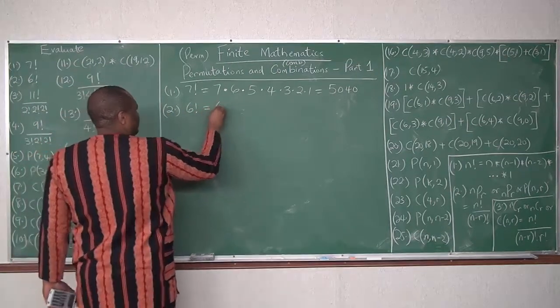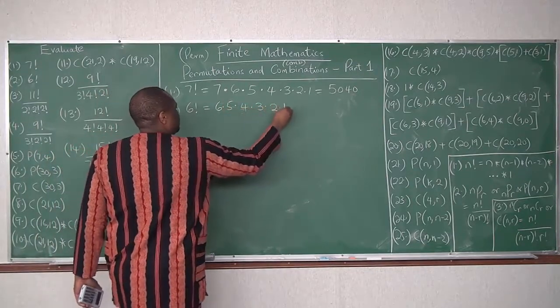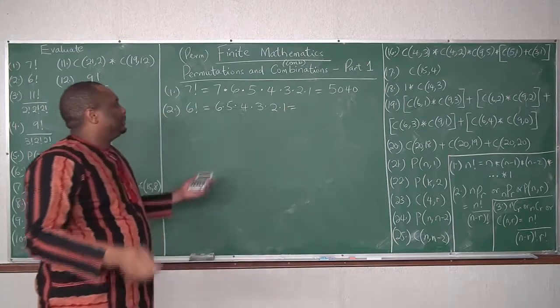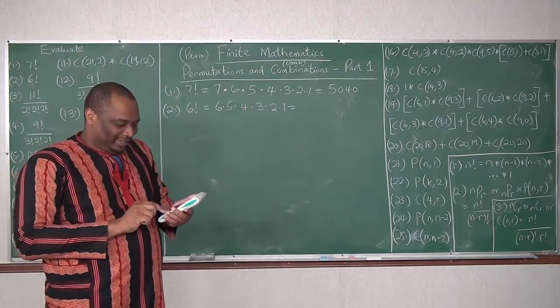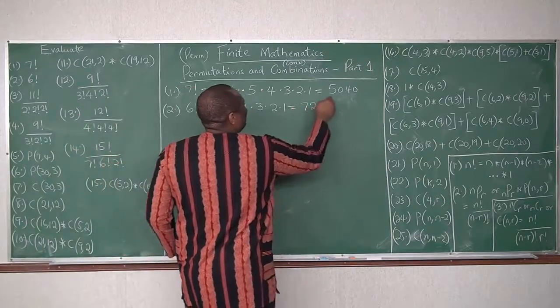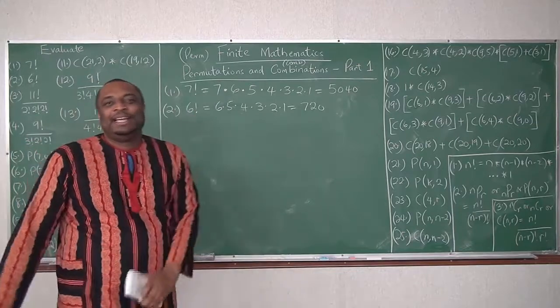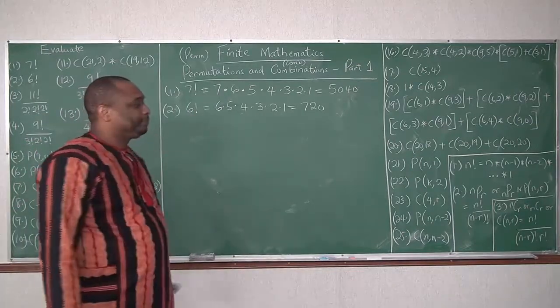Number 2, 6 factorial, of course. 6 times 5 times 4 times 3 times 2 times 1. I can just divide this one by 7, just like that. 720, because this is like dividing it by 7, since I multiply by 7 to get 7 factorial.